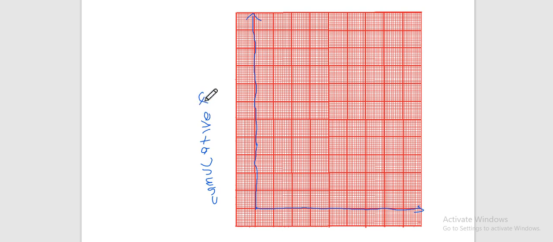Cumulative frequency. Why this is upper class boundary. Upper class boundaries. This is 0. So the first point starts here. It has to start from origin.